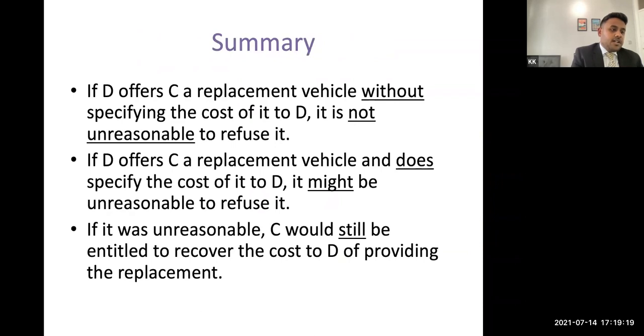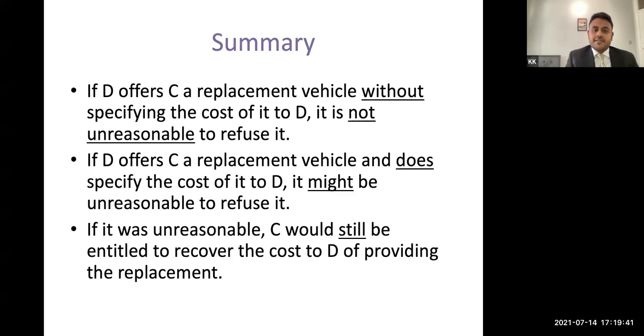To summarize the issues at play here, if a defendant offers a claimant a replacement vehicle without specifying the cost of it to the defendant, it's simply not unreasonable to refuse it. And I think that's been made clear on the authorities.